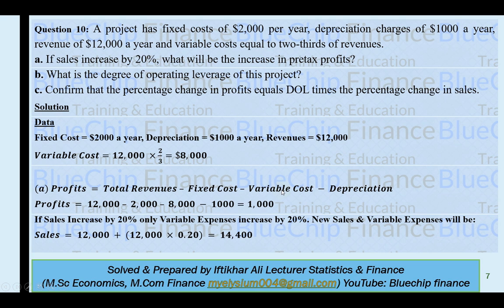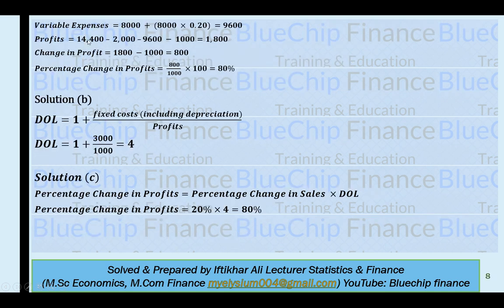But variable cost is dependent on the number of units sold. So if there is a 20% increase in sales, then a 20% increase will be in variable cost. So sales will be 14,400 and variable cost will be 8,000 multiplied by 0.20 plus 8,000, which is 9,600. So now your profits will be 14,400 minus 2,000 minus 9,600 minus 1,000, which is 1,800.